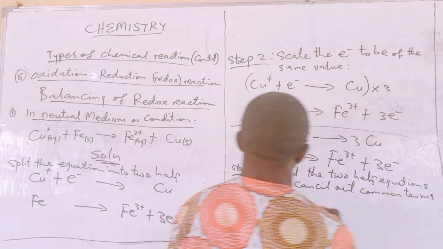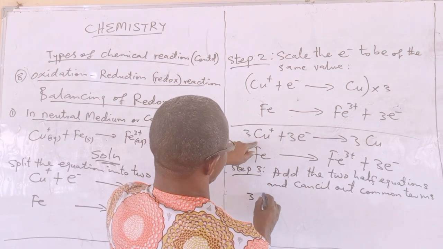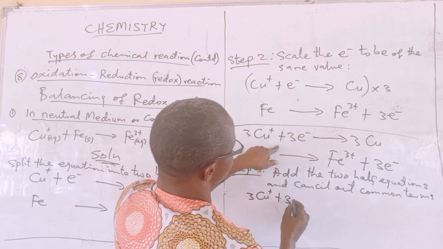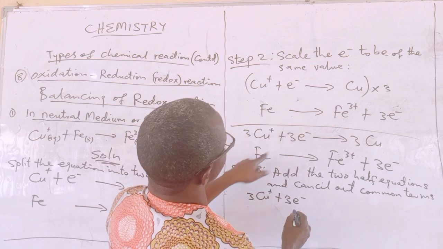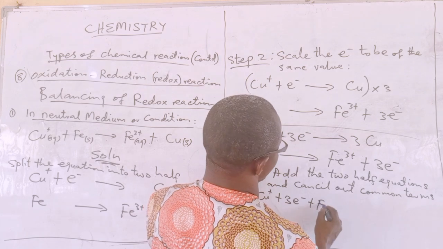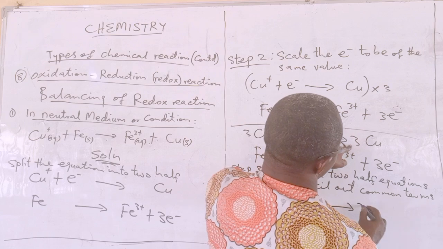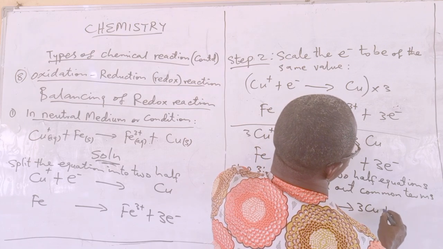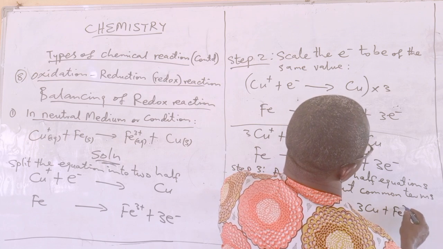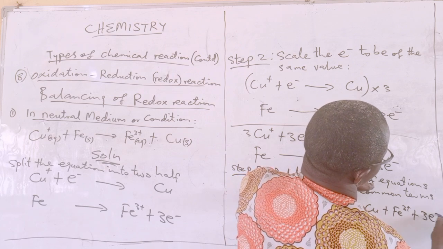So now by adding this, I will say 3Cu+ plus 3e minus. I'm done with the reactant of this, so I have to add the reactant of this, plus Fe, arrow, equal to 3Cu plus Fe 3 plus, 3e minus.